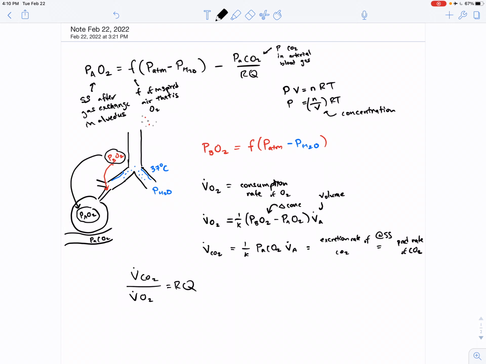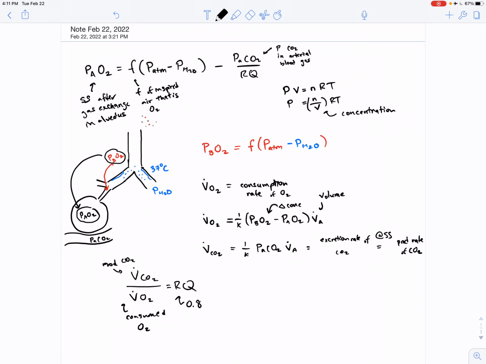So the respiratory quotient is a measure of what fuel we're using, and for most diets it's around 0.8, for a standard sort of mix. Okay, so we get this respiratory quotient, which relates our produced CO2 to our consumed O2.